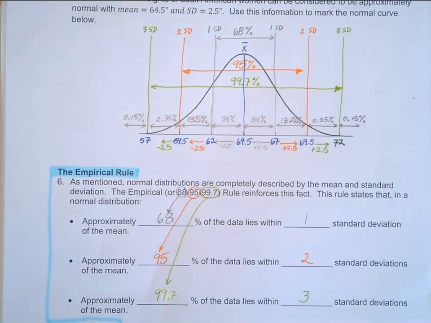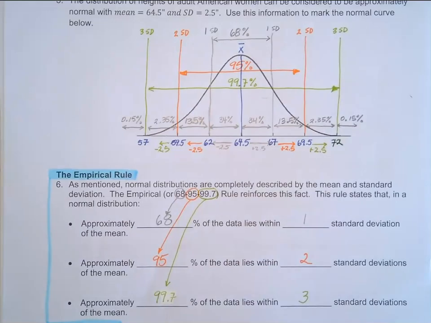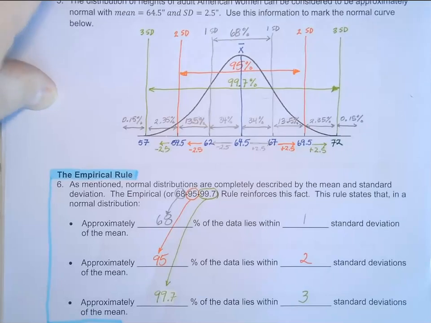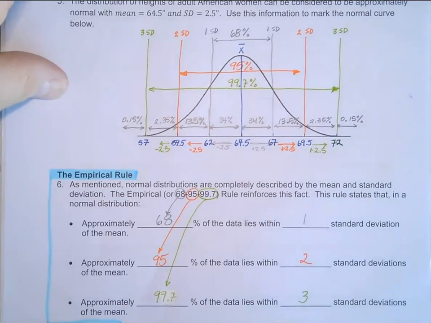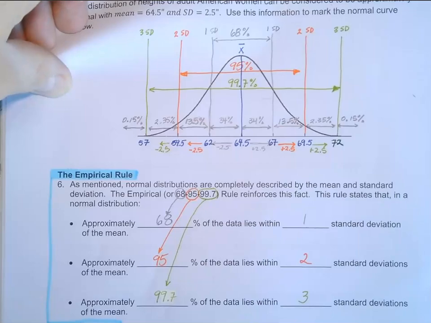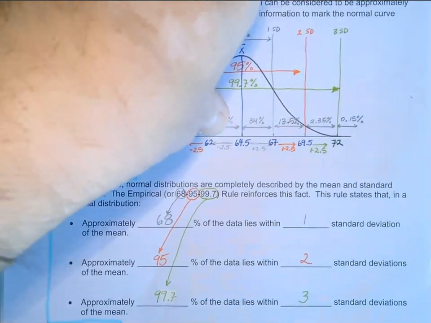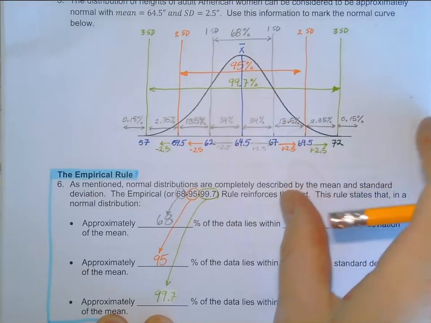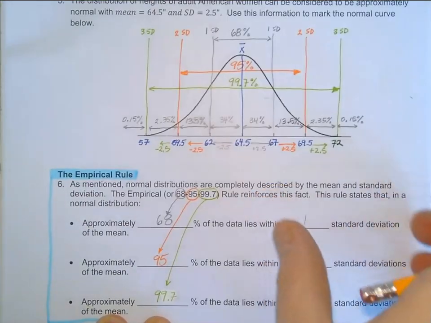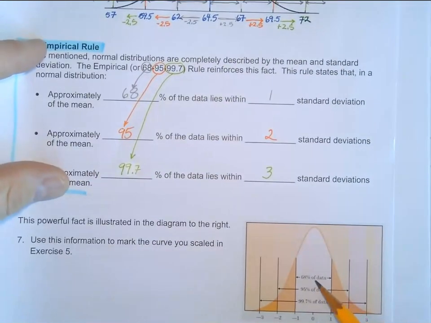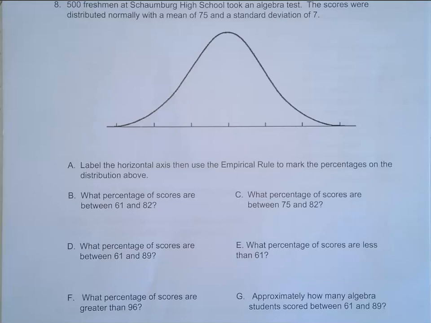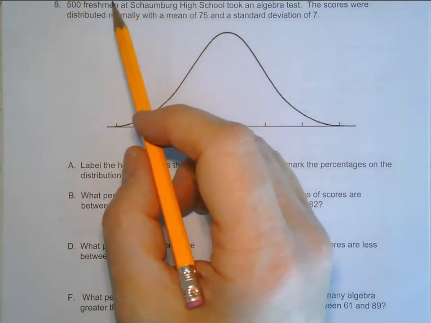If you look at number 7 below, it just says use the information to mark the curve, which is what we just did. This data is easily searchable, by the way, to look up the empirical rule to get those percentages, 68, 95, 99.7.